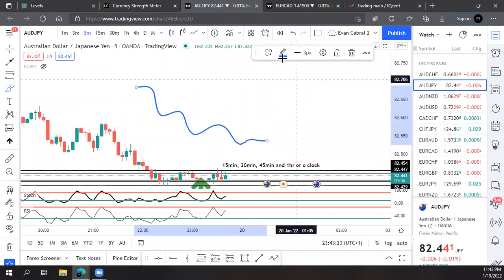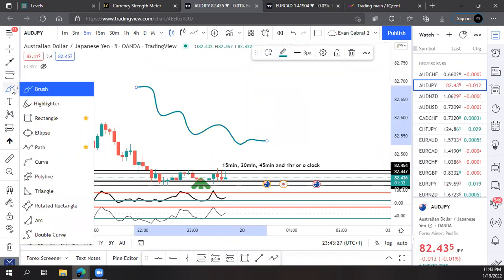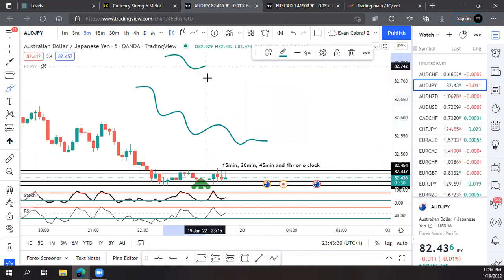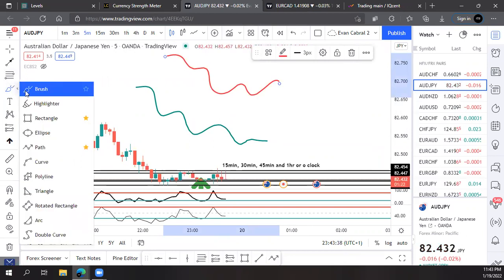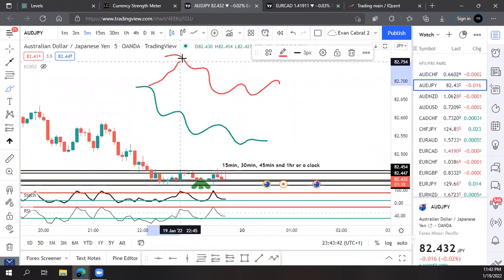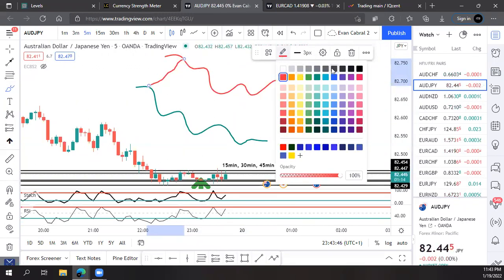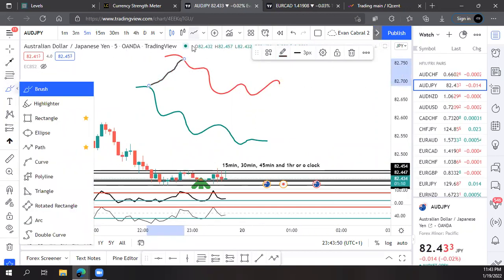There's the Bollinger Band, let me make this green. We also have the Bollinger Band at the top, so I'm making this red. Now, if you have the market moving like this, and it gets to the top, what am I expecting?